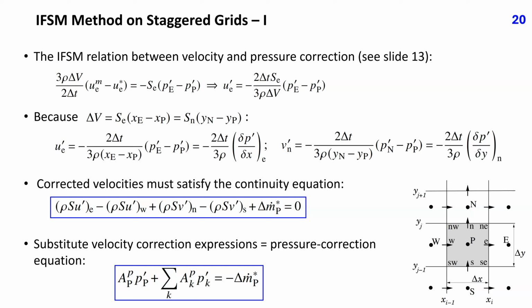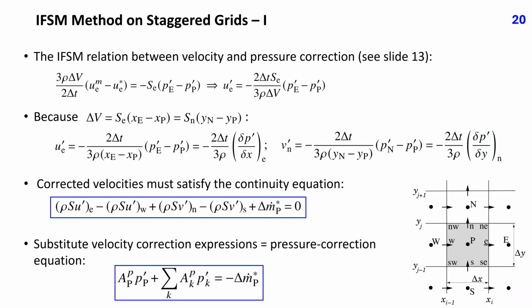We now request that corrected mass fluxes satisfy the continuity equation. Thus, the sum of mass flux corrections plus the sum of mass fluxes computed with v star, which results in the imbalance defined in slide 20, must be 0. When we substitute velocity corrections by the above expressions featuring the gradients of pressure correction, we obtain an algebraic equation for pressure correction.